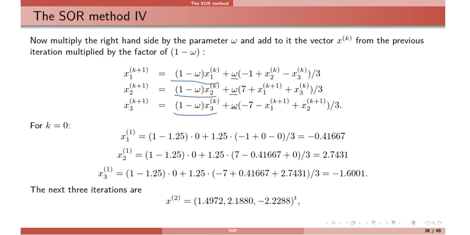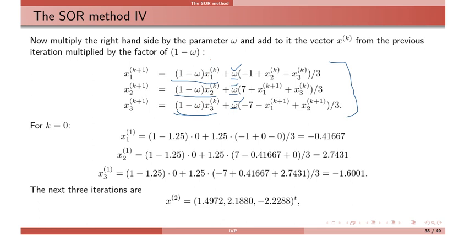So multiply with omega, then add 1 minus omega xi. So this is SOR. If you don't have these terms, omega is 1, so that is Gauss-Seidel.